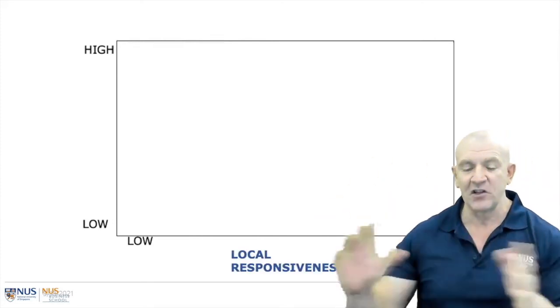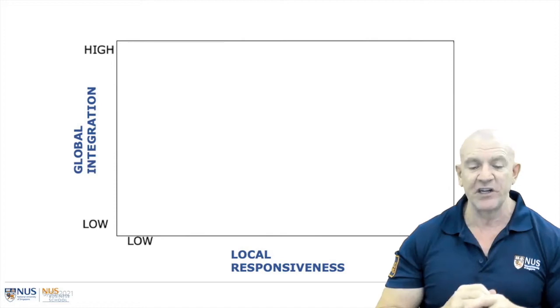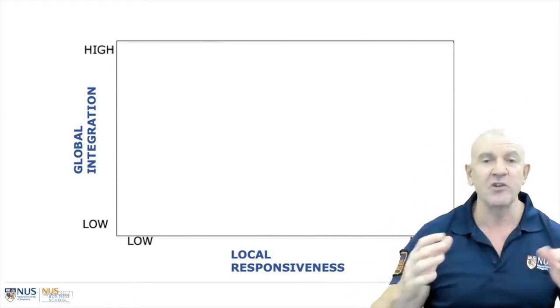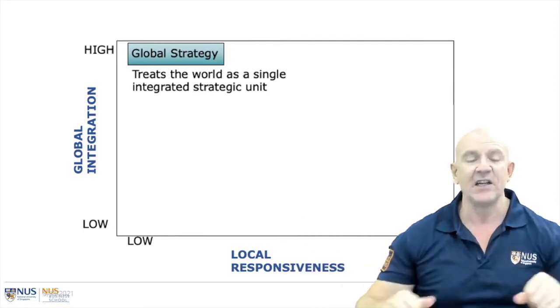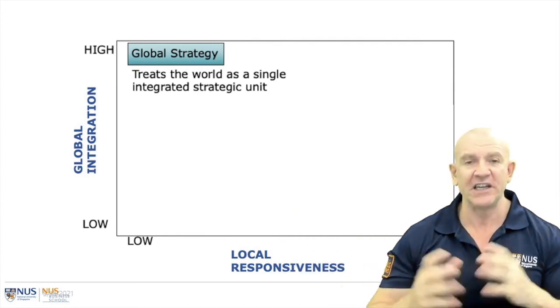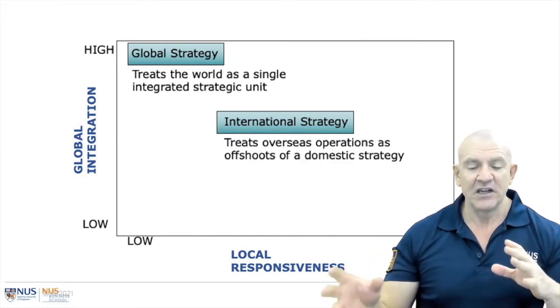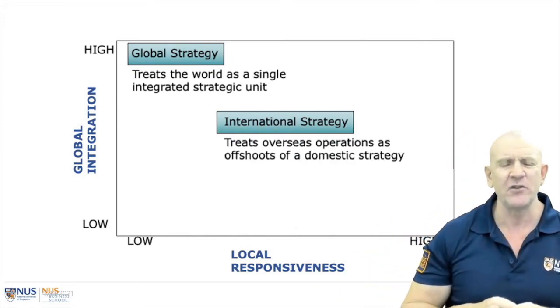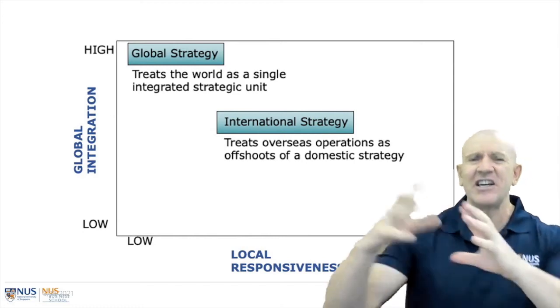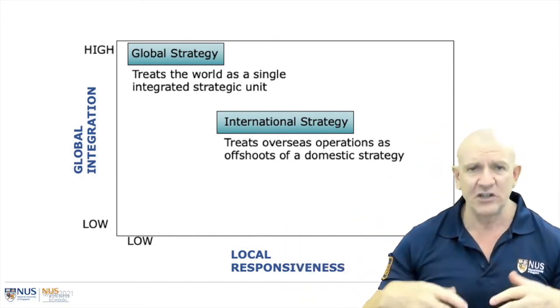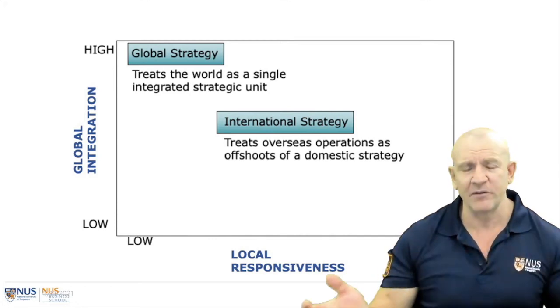Now, when we think about this, another way to think about these ideas is along local responsiveness and global integration, where we can see this kind of cascade of ideas. In a global strategy where the world is flat, we treat the world as a single integrated strategic unit. In an international strategy, overseas operations are offshoots of domestic strategy, and they're just sitting there to grab extra revenues, but they're not fundamental to the overall strategy creation of the firm.